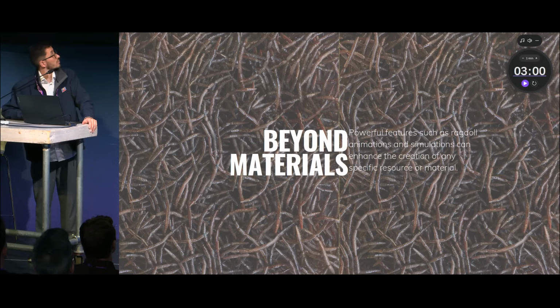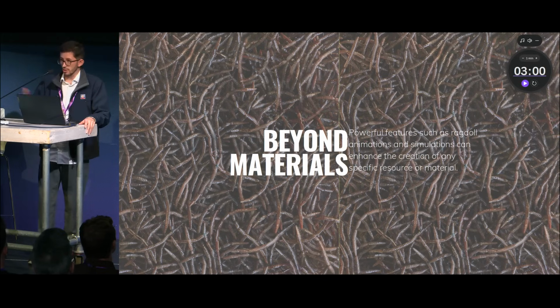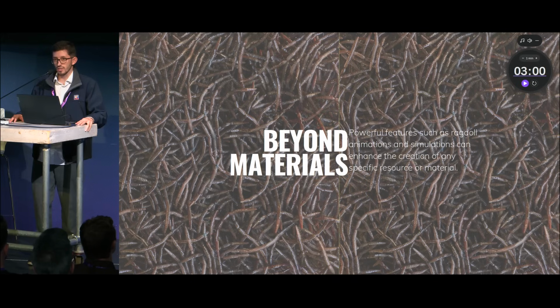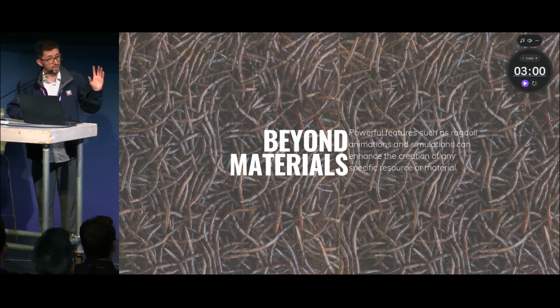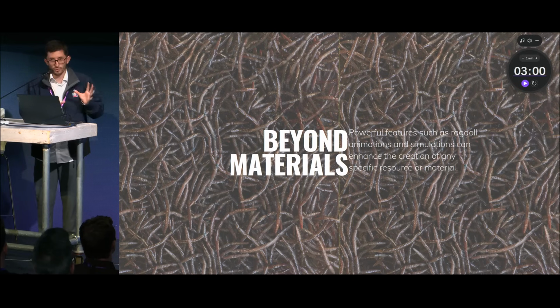So you can also go beyond that and create the materials in a really interesting way, for example, using simulations and ragdolls. In this project, I had to create this kind of worm material, like a pile of worms that is blended in the structure.